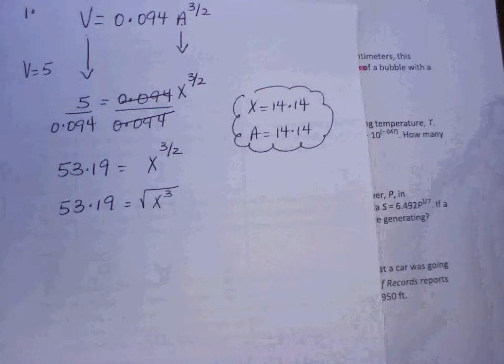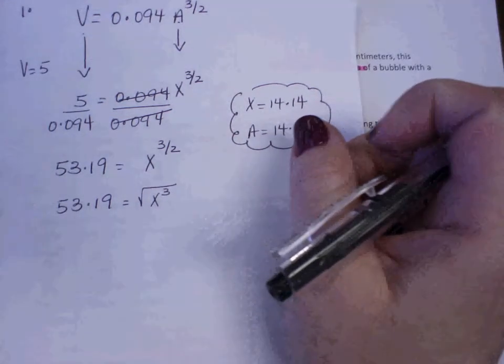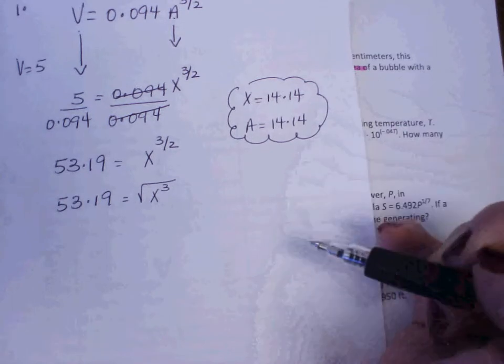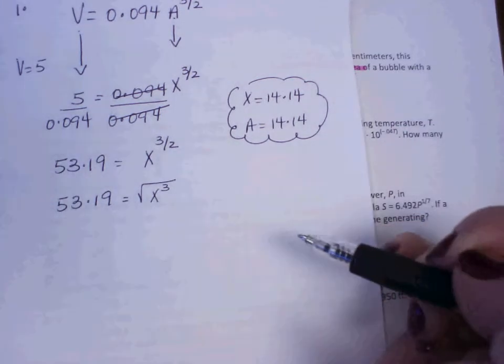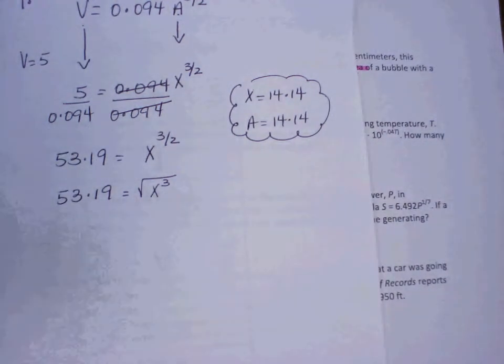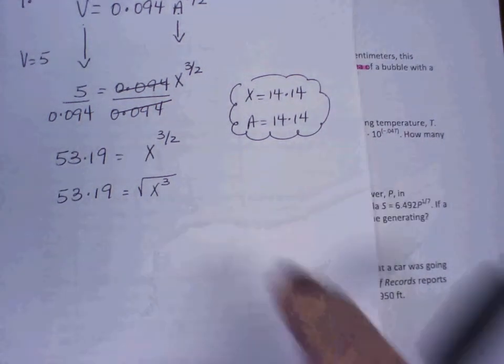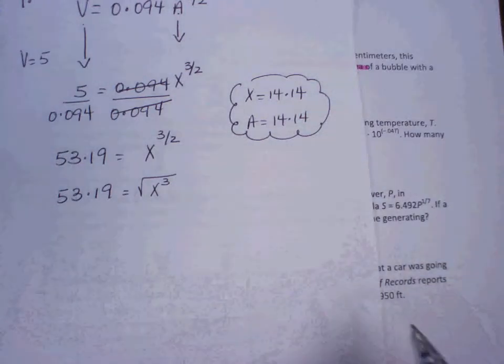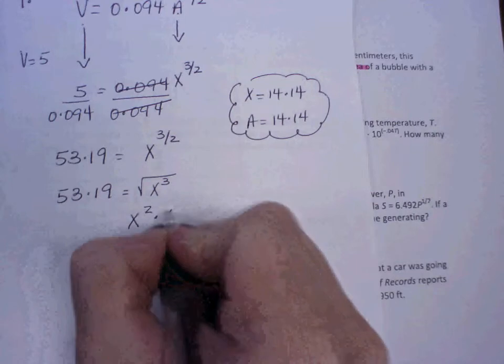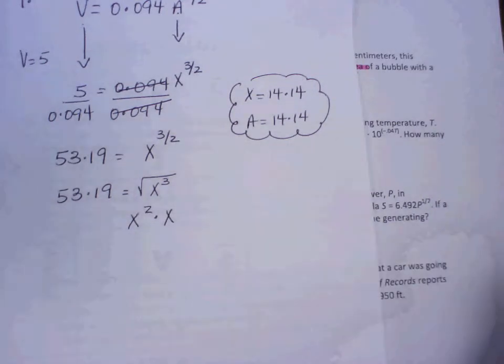All right. Does anybody know what we can do? Okay. What can we do? Oh, come on. All right. What can we do? See, they're just like you guys. All right.